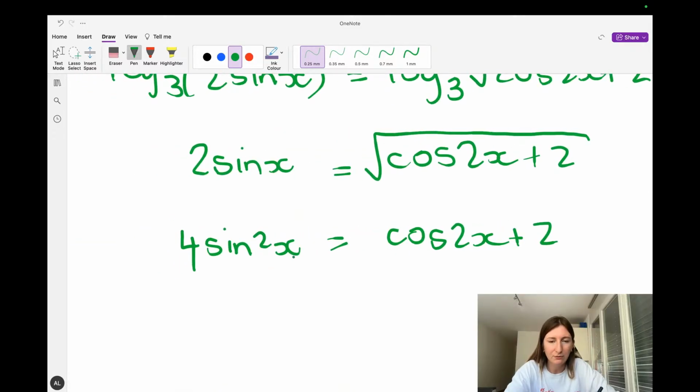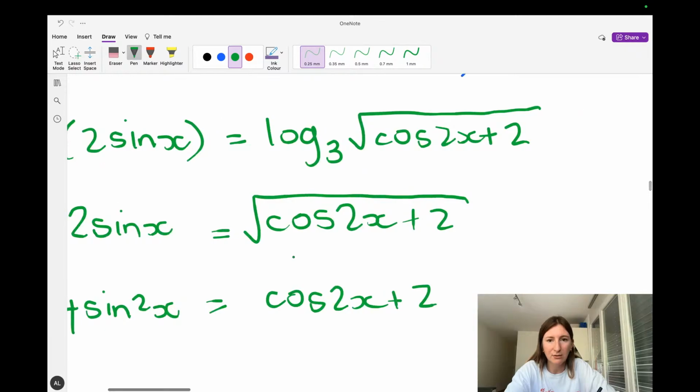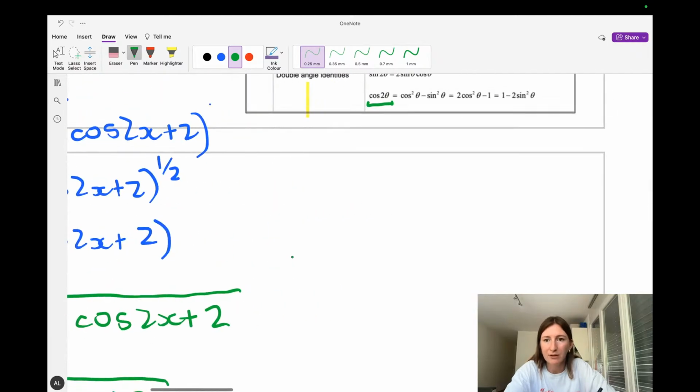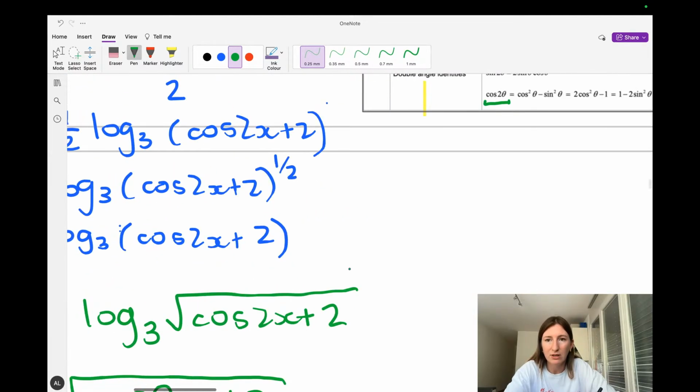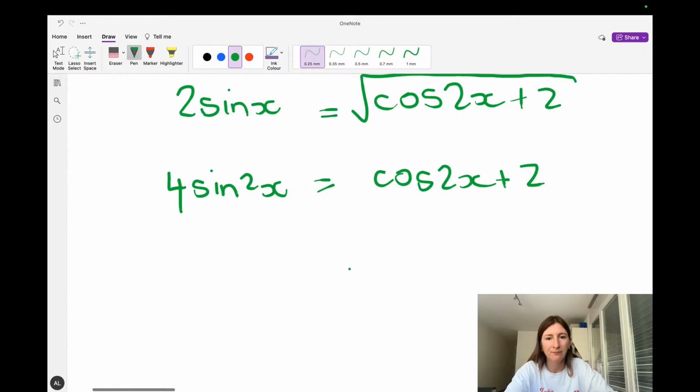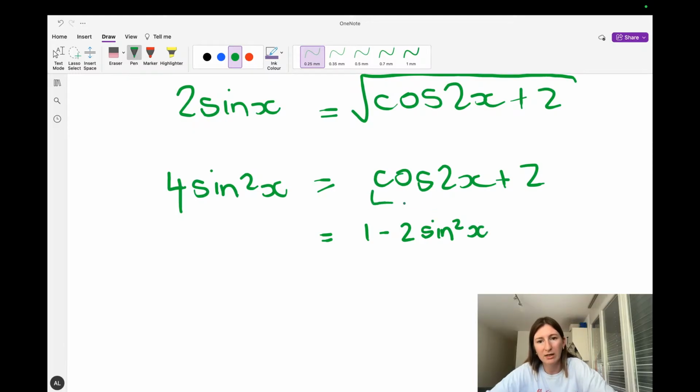So maybe I just want to stick to that and use another sine squared x to make this simpler. So let's take 1 minus 2 sine squared x. 1 minus 2 sine squared x, I'm replacing in that cos 2x plus 2, equals 4 sine squared x.